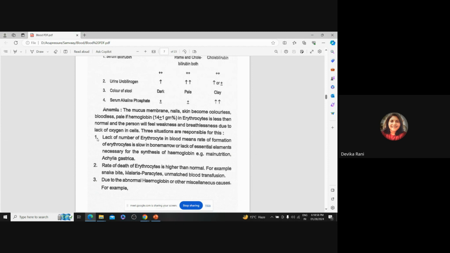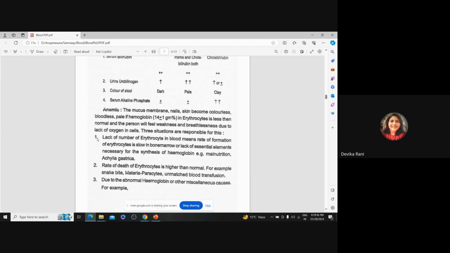So three situations are responsible for this. Lack of number of erythrocytes in blood means rate of formation of erythrocytes is slow in bone marrow, or lack of essential elements necessary for the synthesis of hemoglobin. Example, if there is malnutrition, or you have a condition called achlorhydria gastrica, where the gastric juices or the hydrochloric acid is not there in the stomach, which helps in proper breakdown of the elements of food and the nutrition to be then absorbed.